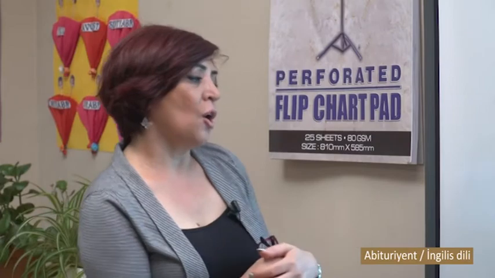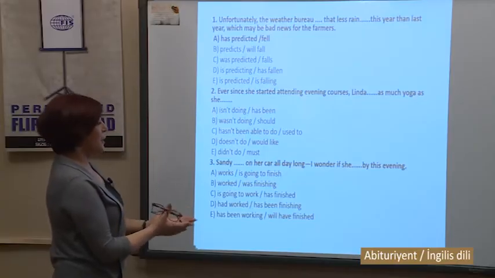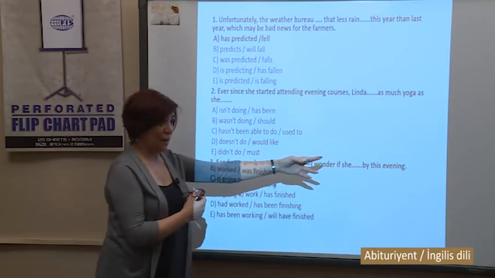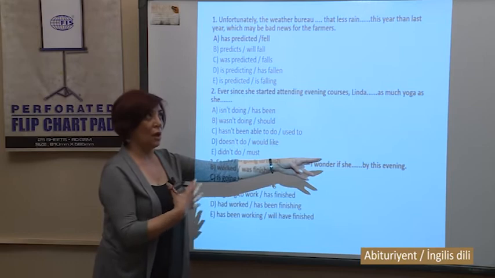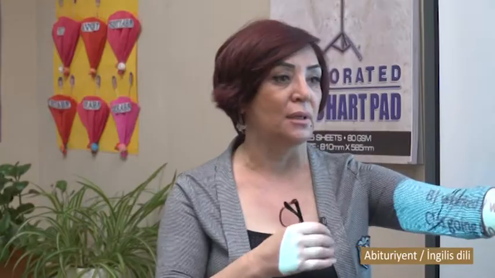Number 3. Sandy on her car all day long, and I wonder if she by this evening. If it is by this evening, we speak about future and future perfect by this evening. Something will have finished by this evening.